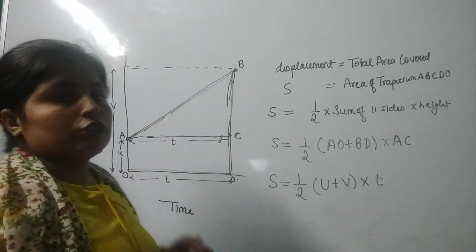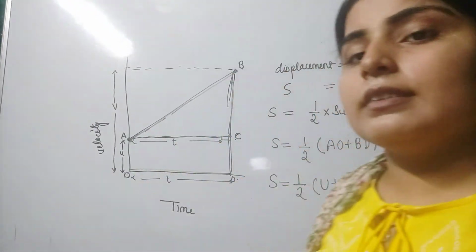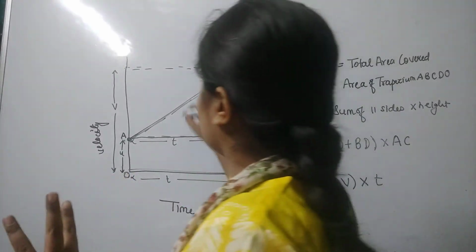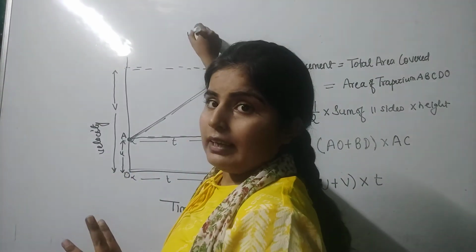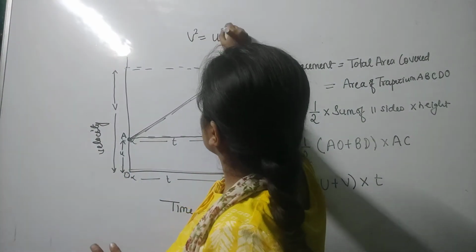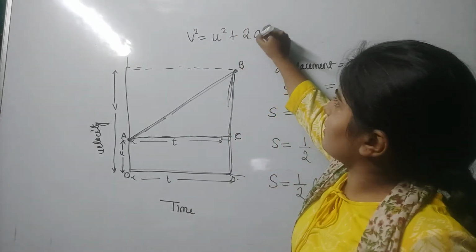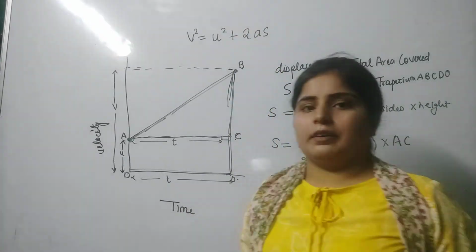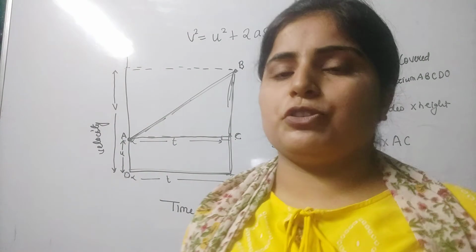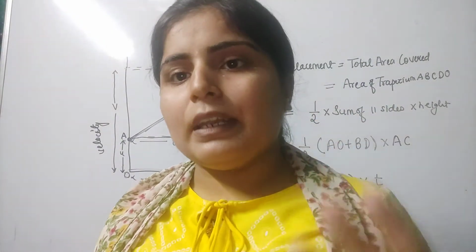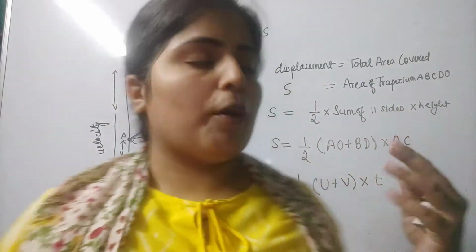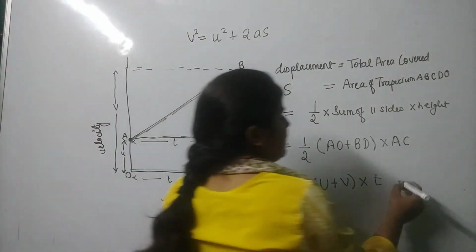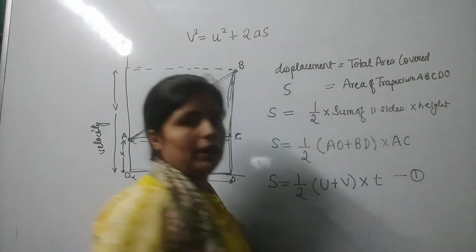So, what is the third equation of motion? That is v square equal to u square plus 2as. t is not there in the third equation of motion, so we have to eliminate t from here. Let this one be equation 1.